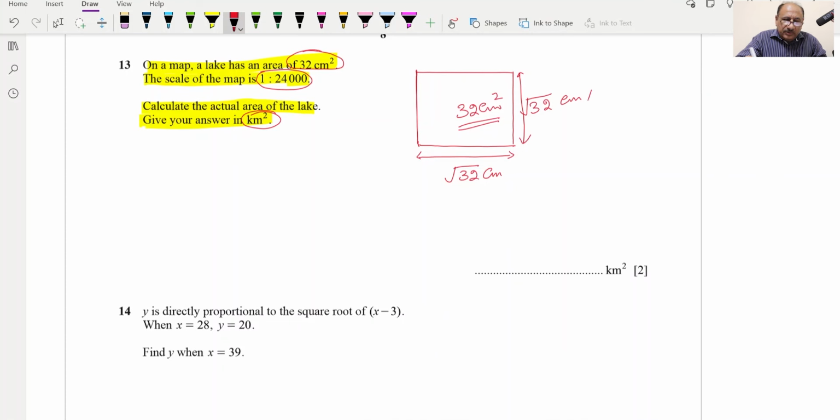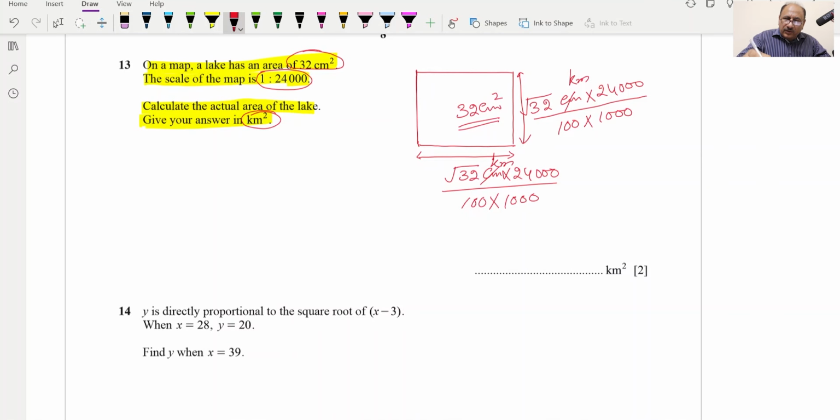So this will be multiplied by 24000, and this side will also be multiplied by 24000, and now we will be converting it into kilometers. So centimeters divided by 100 will be meters, and divided by 1000 will be kilometers. This side will also be changed, 100 and 1000, and this will switch to kilometers.